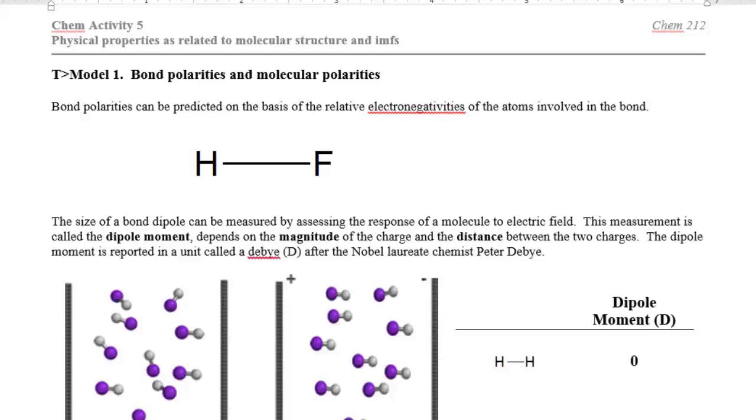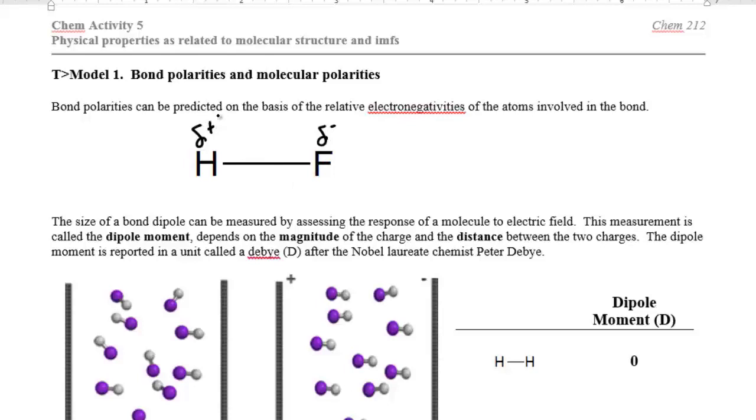Now, you can think of polarity as, in a sense, being a separation of charge density. That is, there'll be a positive side and a negative side. As I say, we can predict the fact that the hydrogen-fluorine bond is polar by knowing that fluorine is much more electronegative than hydrogen. Some of the ways that we've represented this in the past is we would say, for instance, that fluorine is delta negative and hydrogen is delta positive.